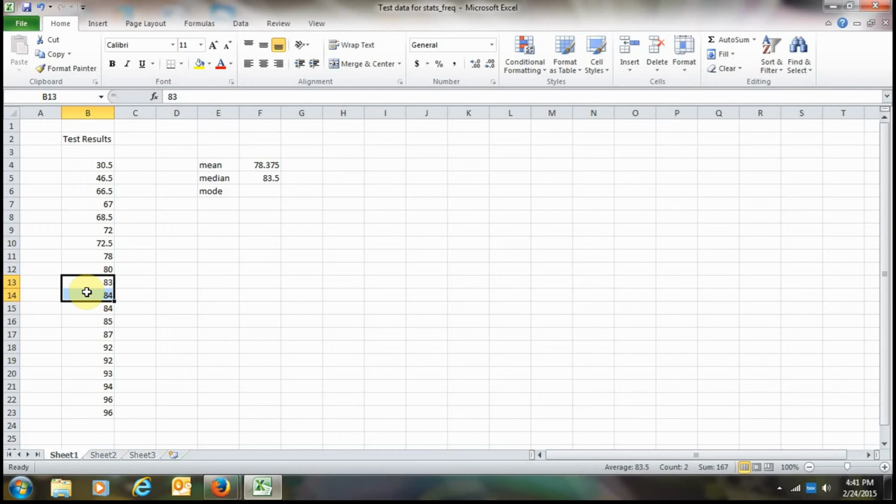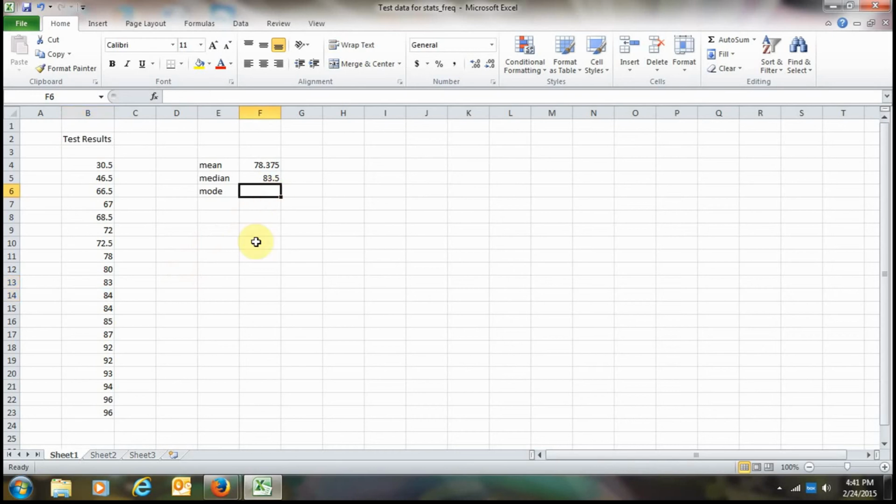The PowerPoint shows you what to do if you have an even number of data points, like this one, where the middle is actually between two of the data points, 83 and 84. Or what happens if you look at the median of an odd number of data points, where the median is actually one of them. So I want you to make sure you've looked at that on the PowerPoints for the 6A material. It's got several good examples of that.